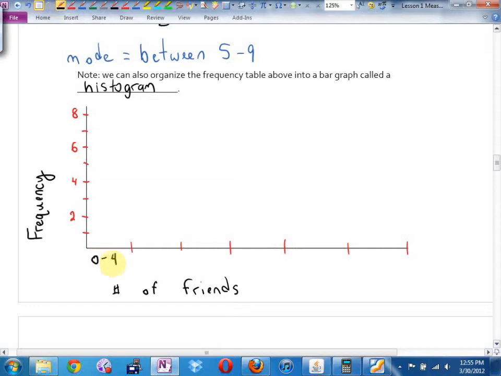What was the frequency of 0 to 4? Sierra, what was the second category from what to what? What was the frequency? 7? I went a little too high. Shoot. 7 right there.